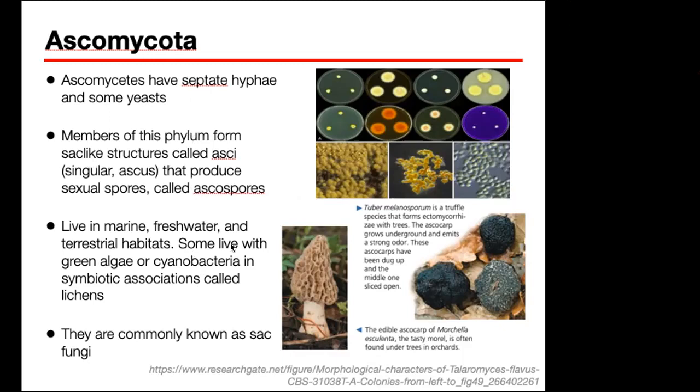So yung defining feature naman ng ascomycetes ay yung production ng spores, or what we call yung ating ascospores in sac-like asci. So if you can follow my pointer right here, this is what the sac-like ascus looks like. Thus, they're commonly called sac fungi. And during their sexual stage, some of these ascomycetes would develop these fruiting bodies, no?